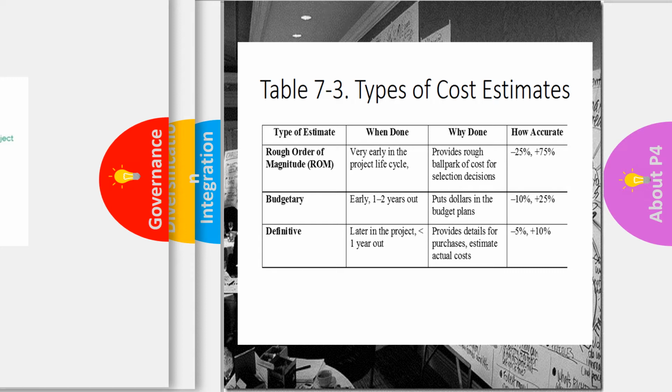Later on in the project, 1 year out, it provides detail for purchase estimates and actual costs, -5% to +10%. So the cost estimates will obviously be dependent upon the different times that you're trying to do this.